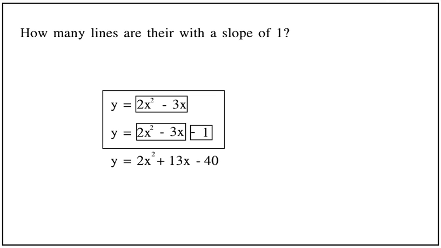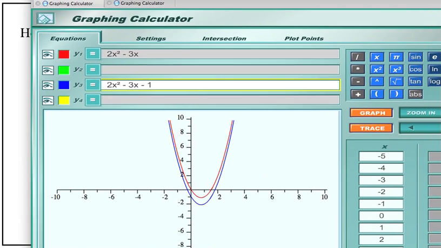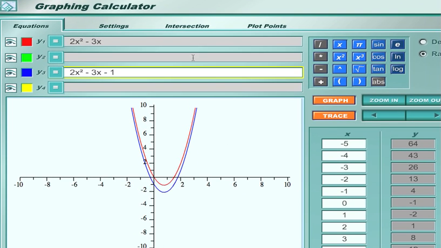So what I thought we'd do is bring in a grapher that I like, and as you can see, I've graphed these two. The red one is the cognate, if you will, and the blue one is the translation 1 downward.